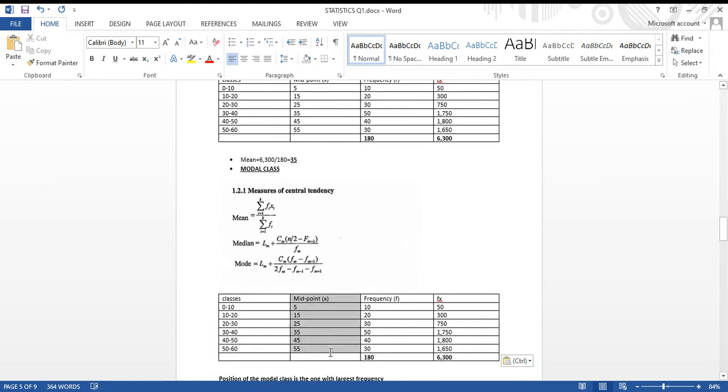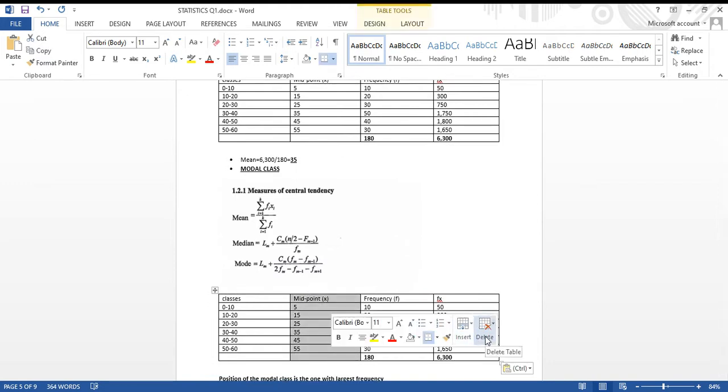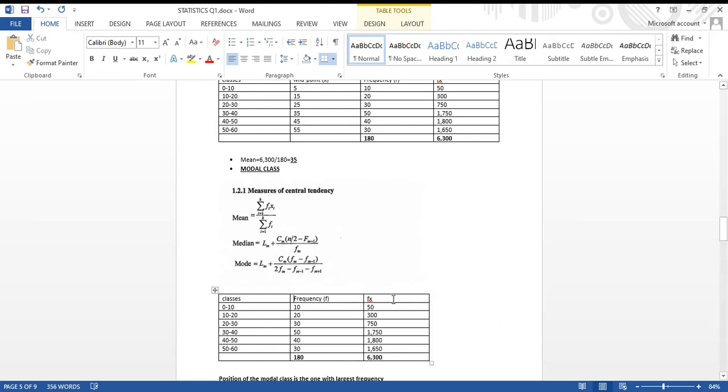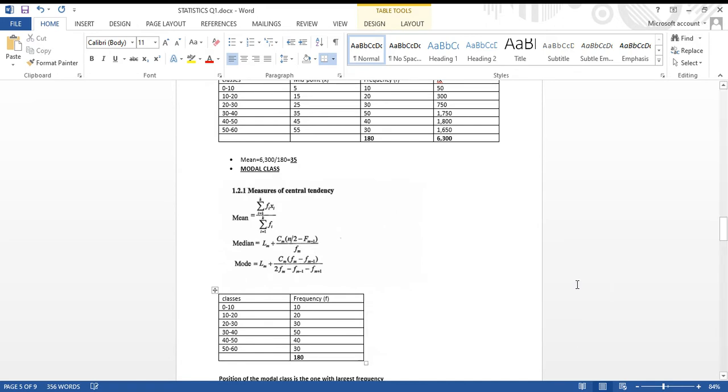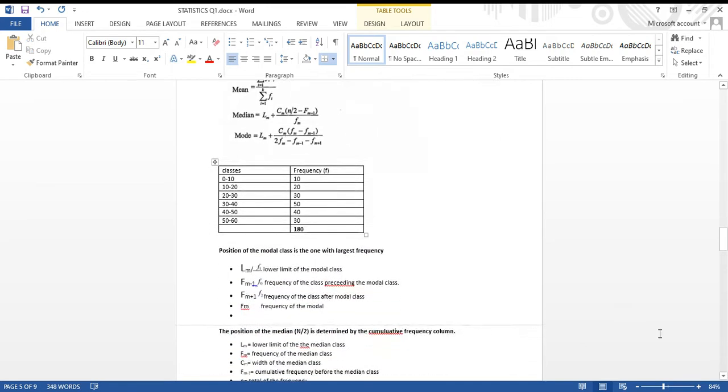Right, so for our modal class, we don't need the midpoint, and we do not need this column here. This is the only information you need for the modal class.